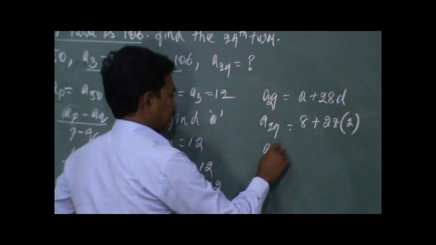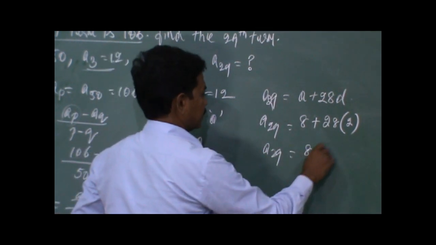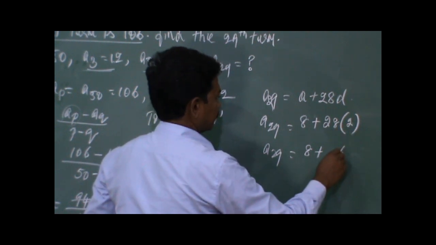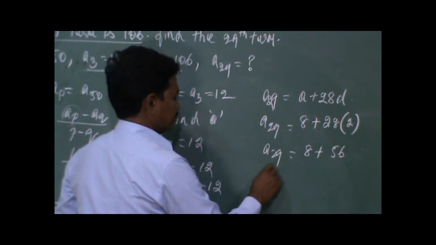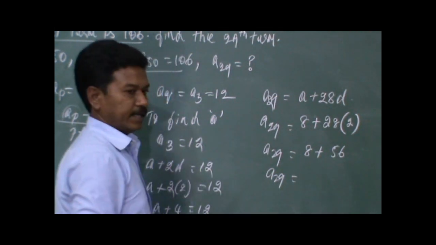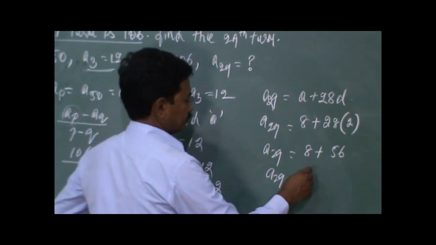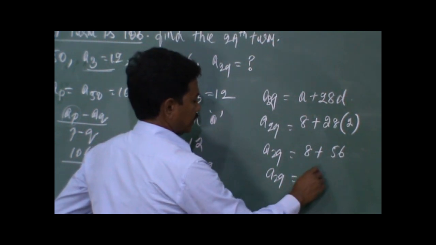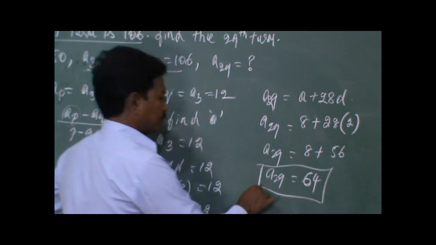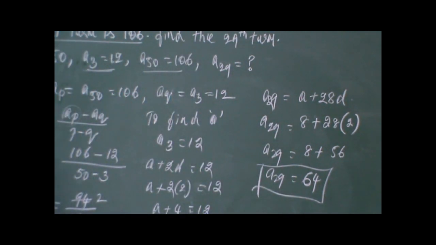So A29 is equal to 8 plus 28 into 2 is 56. Okay. So A29 is equal to 56 plus 8, that comes to 64. So value of the 29th term is 64.